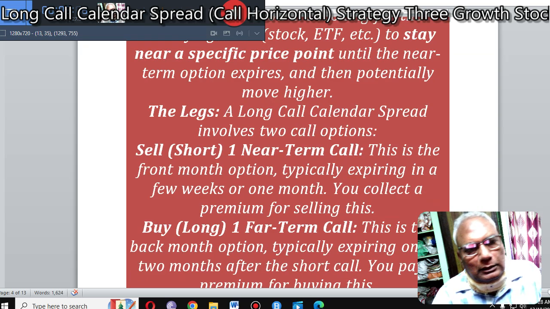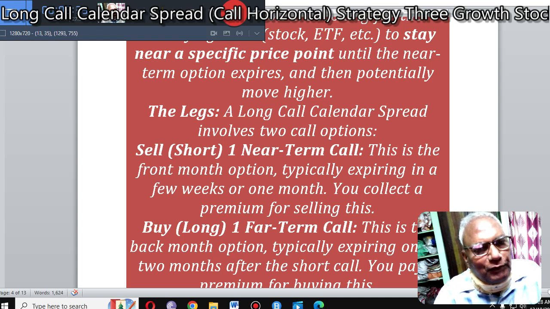The legs: a long call calendar spread involves two call options. One, short (sell) a near-term call. This is the front month option, typically expiring in a few weeks or 1 month. You collect a premium for selling this.